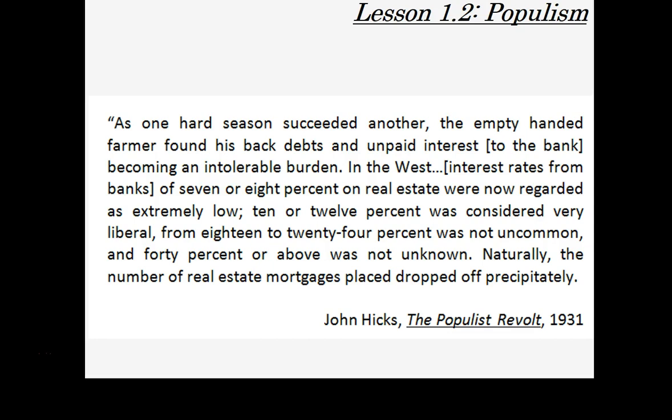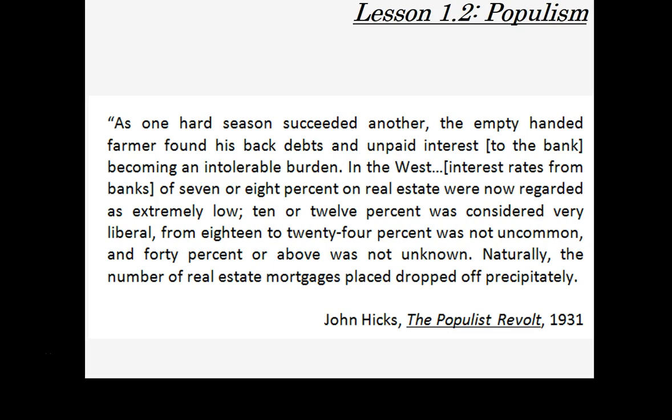And we're going to look real quick at this quote from John Hicks and his book, The Populist Revolt. The book was written in 1931. "As one hard season succeeded another, the empty-handed farmer found his back debts and unpaid interest to the bank becoming an intolerable burden. In the West, interest rates from the banks of 7 or 8% on real estate were now regarded as extremely low. 10 to 12% was considered very liberal.